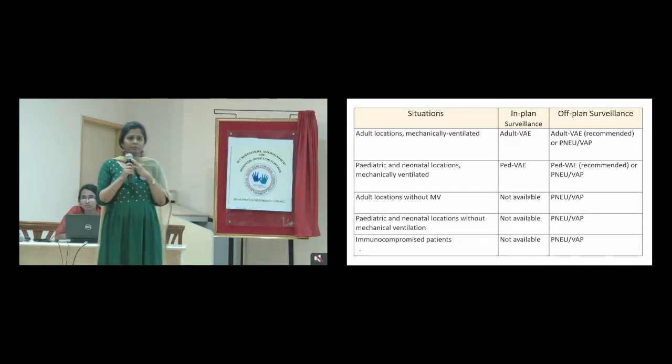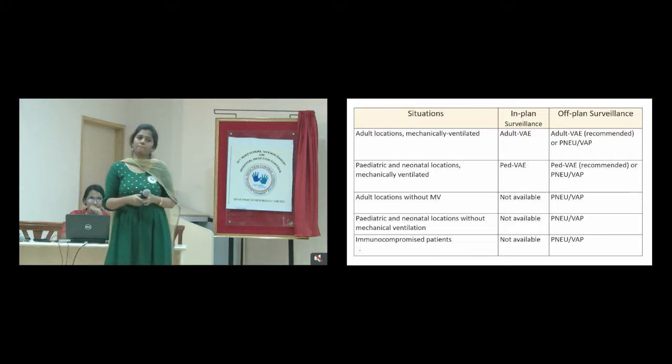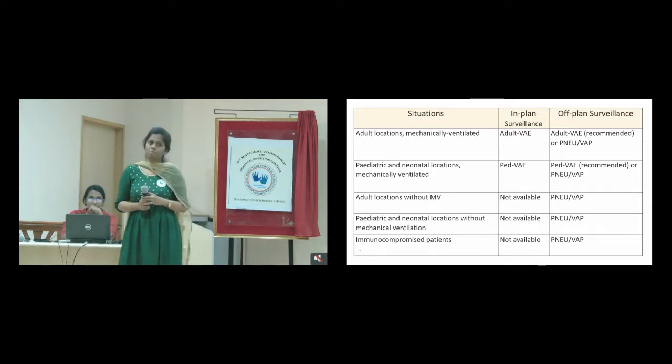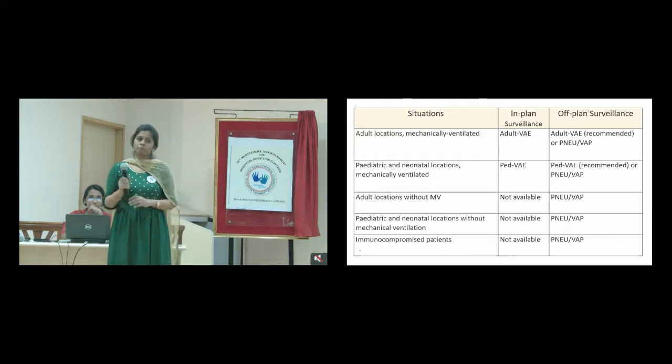So I can reinforce you. PNEU bar VAP is the old criteria for pneumonia. If ventilated, we can label as VAP. If non-ventilated, we can label as PNEU. This is outdated because it was having subjectivity.